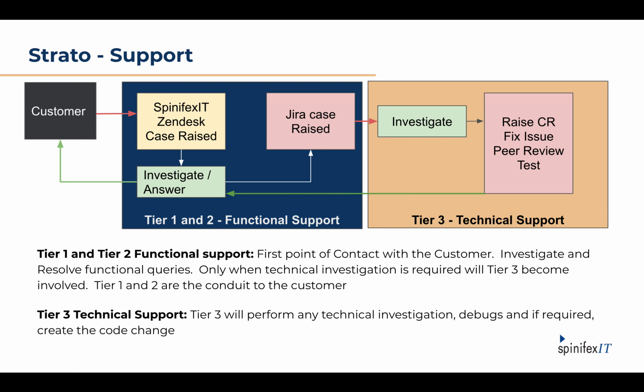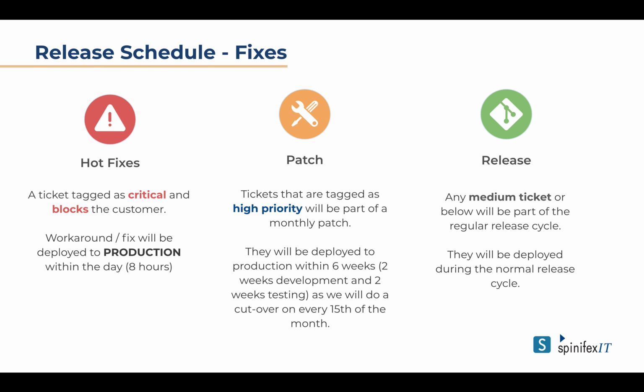In terms of release schedule and fixes, we have three kinds of deployment. The first one is hotfix. It's when Strato blocks the operation of a customer, and there is no workaround.